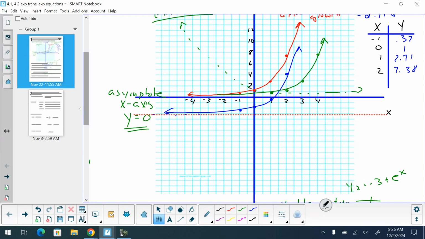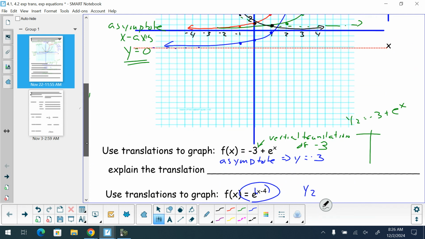So this point comes over here. This point stays the same. This point comes over here. And this point comes over here. So we have a reflection about the y-axis.